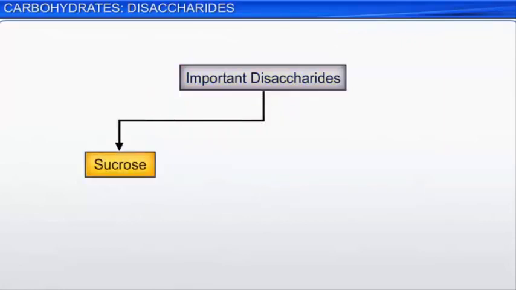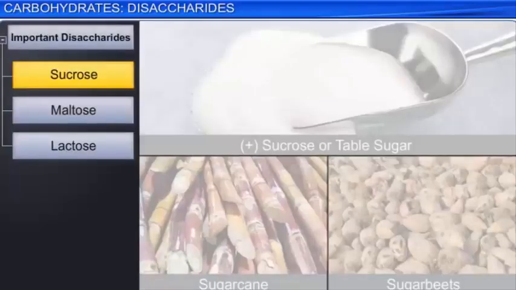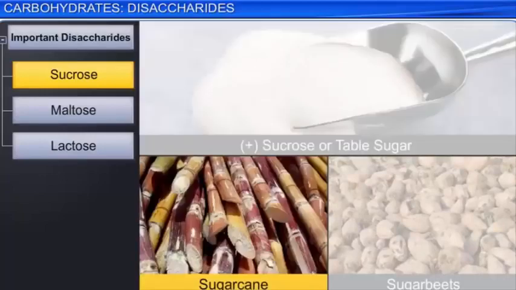The 3 most important disaccharides are sucrose, maltose, and lactose. Let us now focus our attention on their structural aspects. The well-known disaccharide sucrose, or table sugar, is obtained from sugarcane or sugar beets.